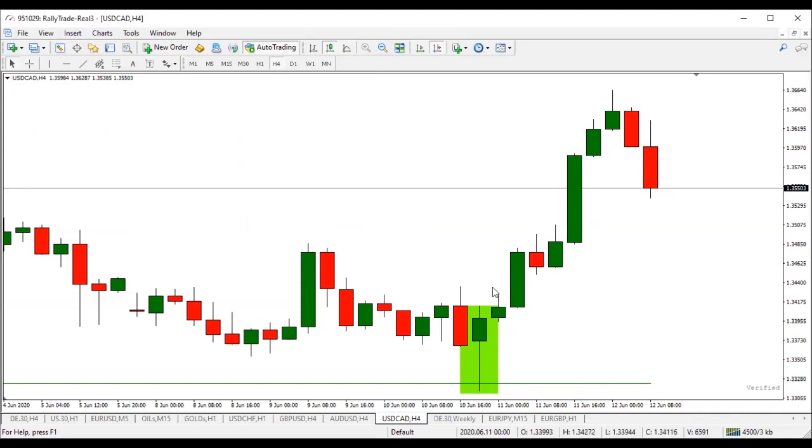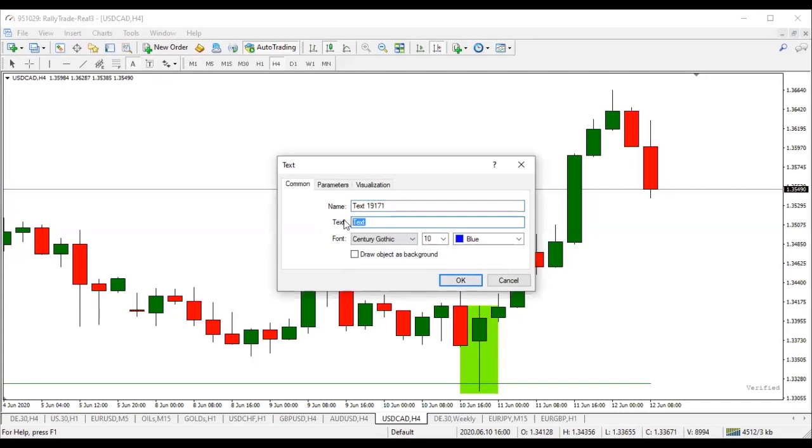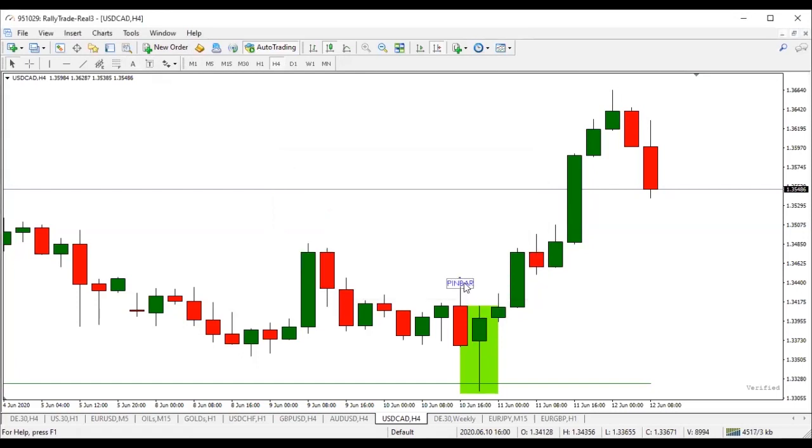Can you see? Now, there are two ways to confirm a candle. There is a school of thought, some group of candlestick traders, that believe that the very next candlestick after the pin bar must be bullish before they can place a buy. For example, if I click on text label and come around here and type, say, pin bar, and click on OK, so we can see the pin bar right there.